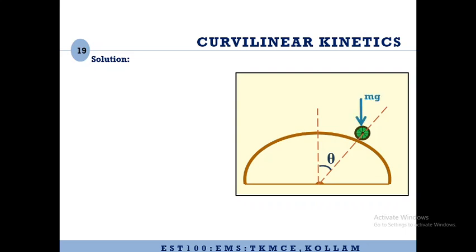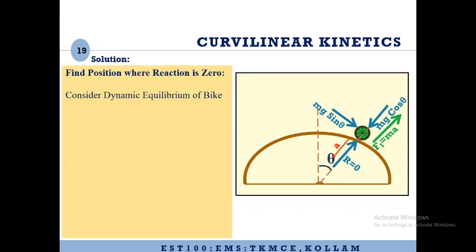Now the second part of the question is to find the angle at which the reaction is going to be 0. So mg is acting vertically downward, reaction is taken as 0. We can replace mg by its normal and tangential components. Acceleration is towards the center, inertial force will be acting outward. If you write the equilibrium equation, R plus Fi is equal to mg cos theta.